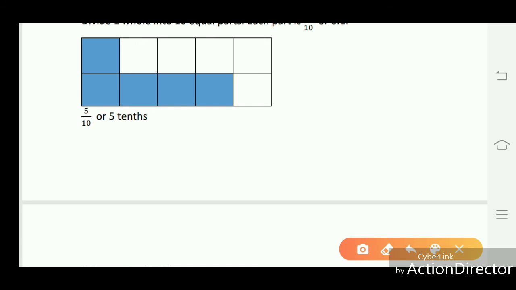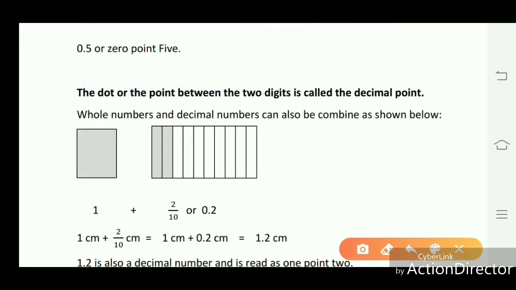So the fraction of this figure is 5 upon 10 or 5 tenths, 0.5. The dot or the point between the two digits is called the decimal point.